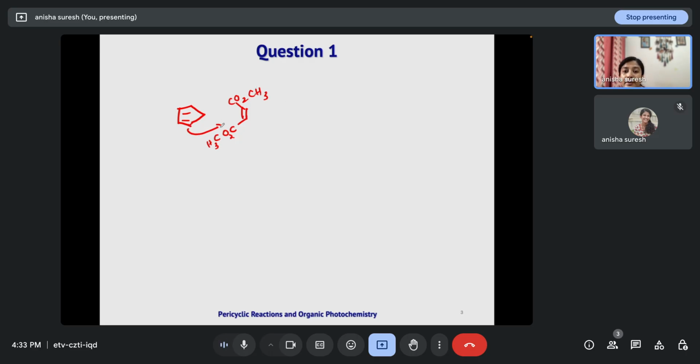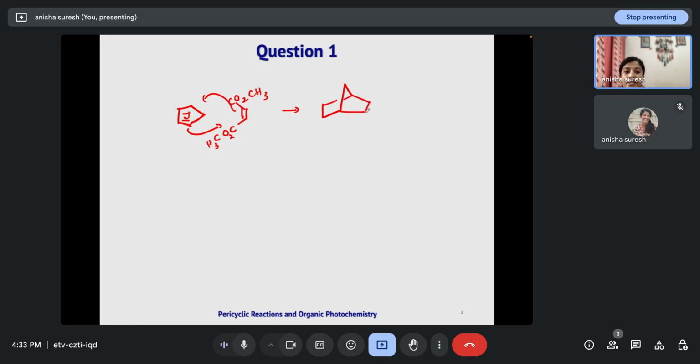So the reaction will be taking place in such a way that the dienophile will be approaching from below the plane of the diene for secondary orbital interactions to take place, giving this as a major product.